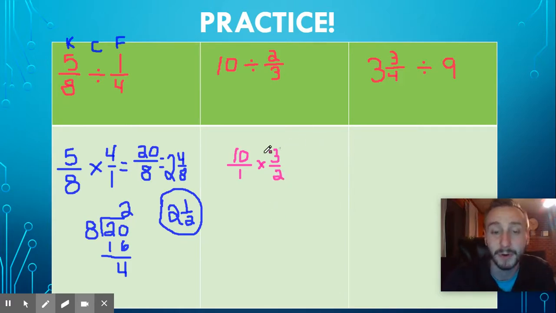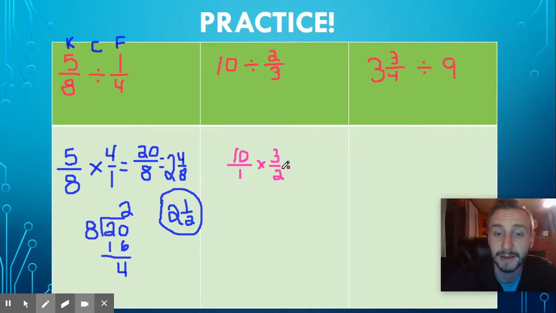Maybe you've learned this before. Before we even multiply, one thing you can do is simplify before you multiply. And the way you do that is you look across, top to bottom over here and top to bottom over here. Is there any number that can divide evenly into both a 10 and a 2?